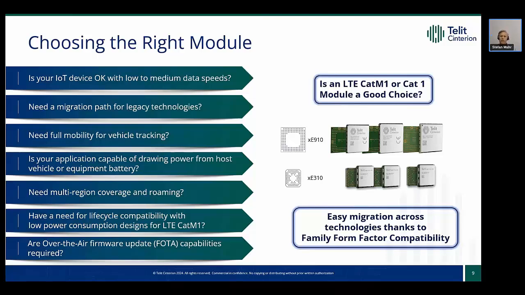You probably are good with LTE Cat 1 or Cat 1 bis or even Cat M. Do you need migration paths for legacy technologies? Then we offer compatible modules across multiple technologies in the same footprint. Customers need easy evolution if they need to upgrade from 2G, 3G to 4G, and then even to 5G RedCap later.